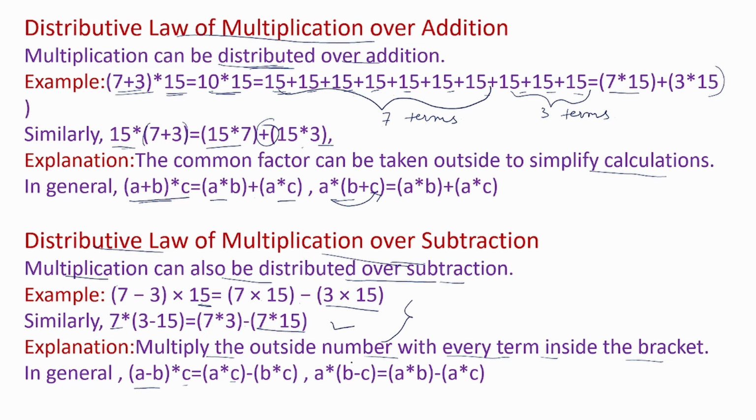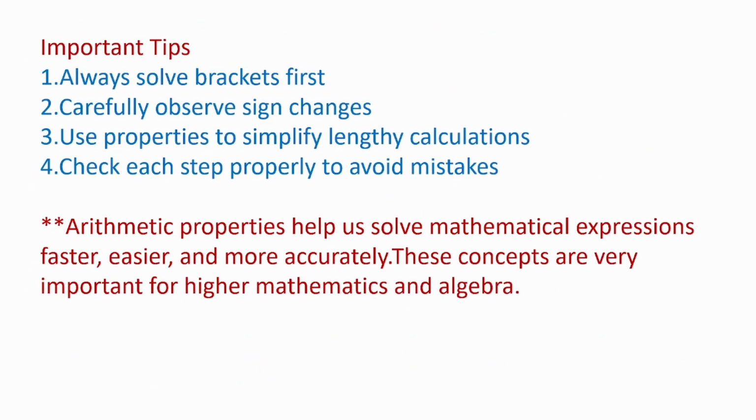Also a multiplied by (b - c) is equal to a multiplied by b minus a multiplied by c. I hope you all understand that this property helps us simplify long calculations very quickly.